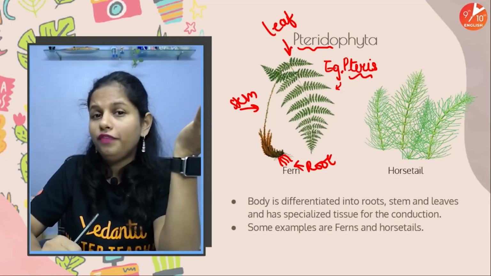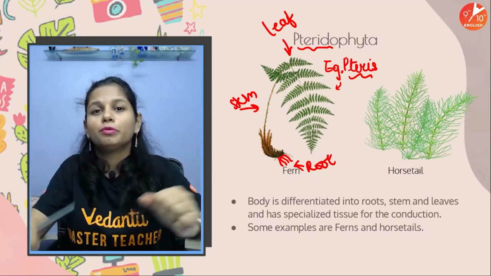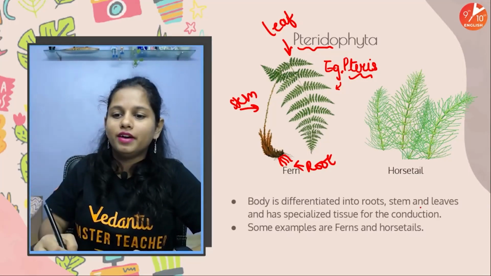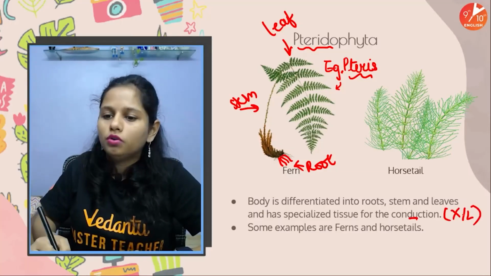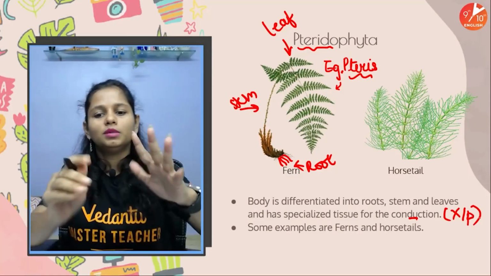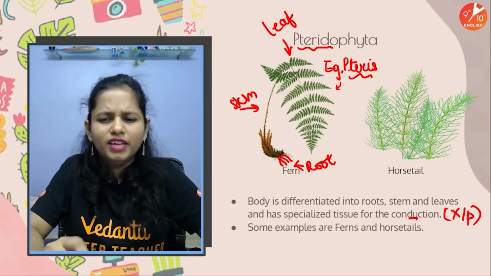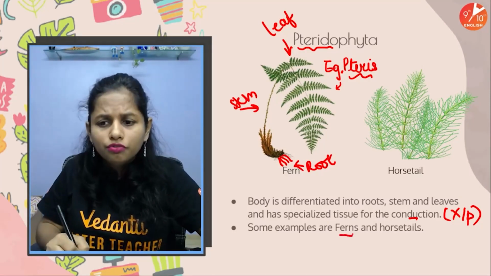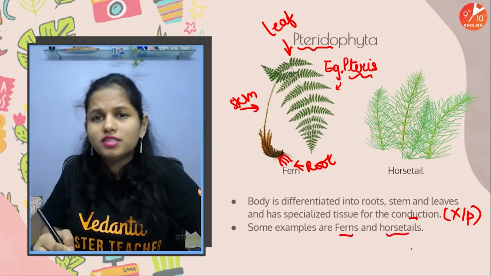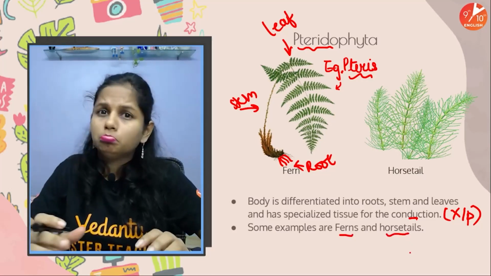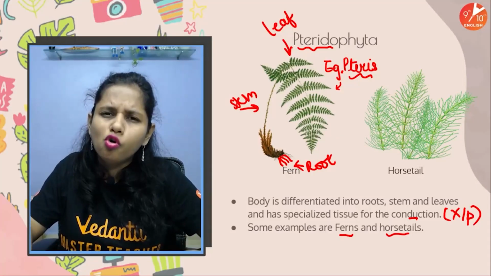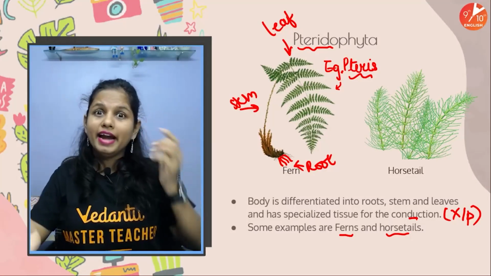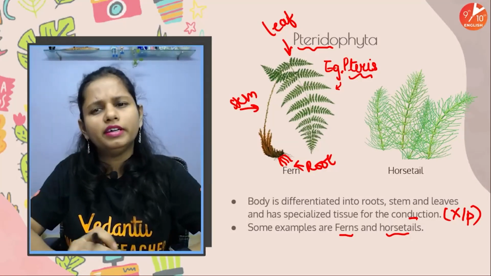If the leaves are manufacturing food, the food has to be transported to the stem and roots, and that's the reason why conducting tissues, that is xylem and phloem, both are present. Examples: ferns, horsetails, Adiantum, and so many different types of pteridophytes.